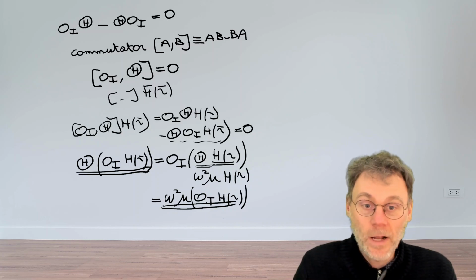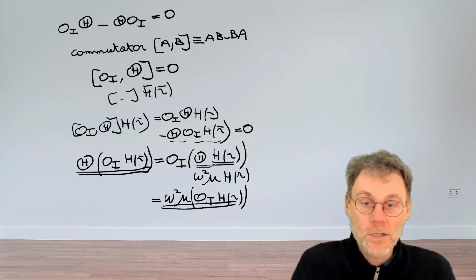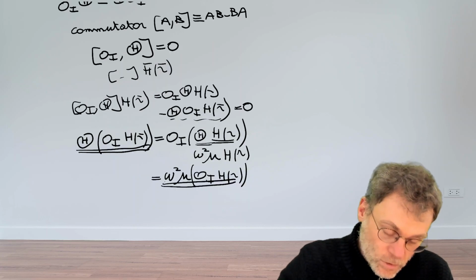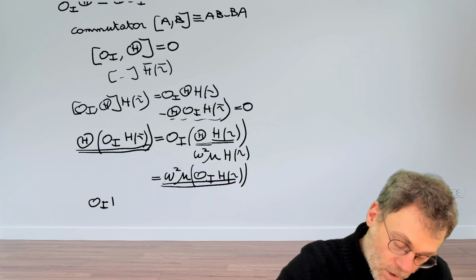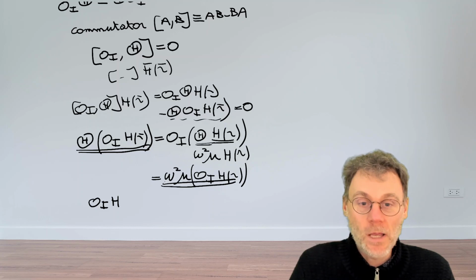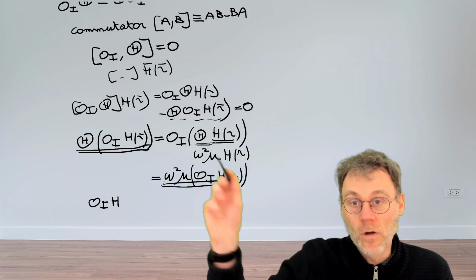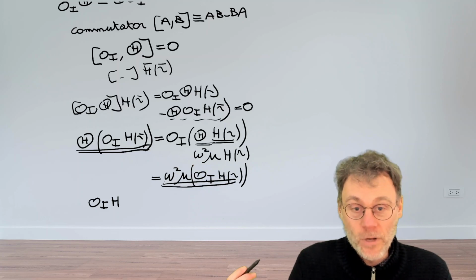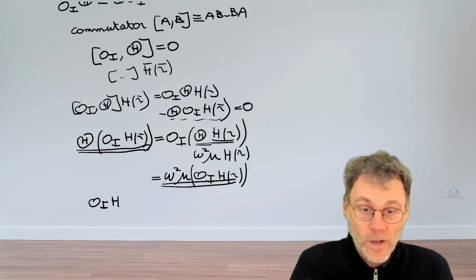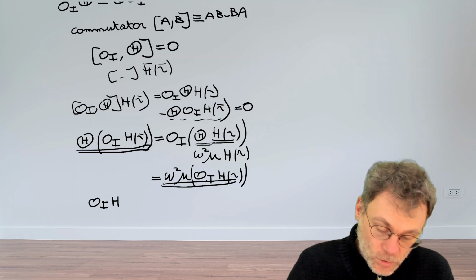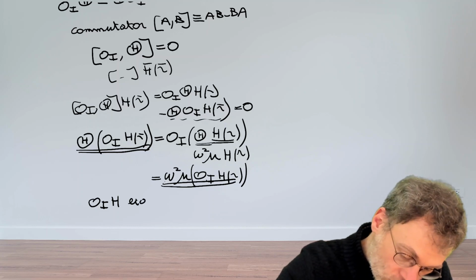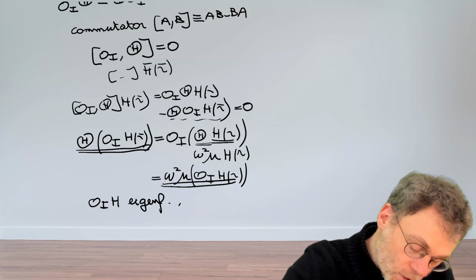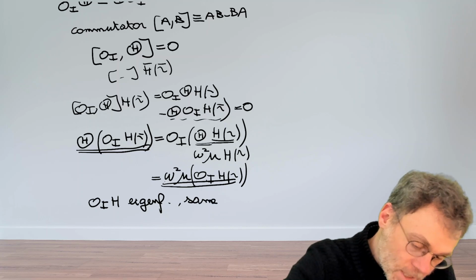That's, of course, an eigenvalue problem, and moreover, it in essence tells us that also the function OI of h is actually an eigenfunction of our theta operator with exactly the same eigenvalue omega squared mu. So OI of h is also an eigenfunction with the same eigenvalue.